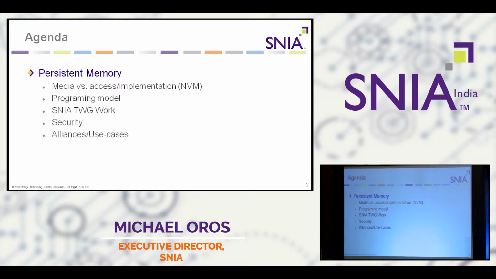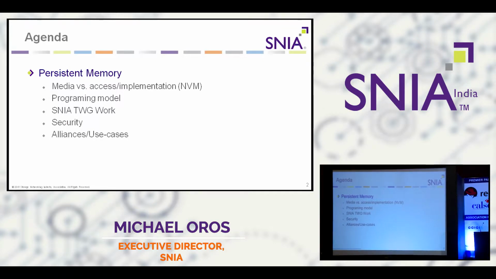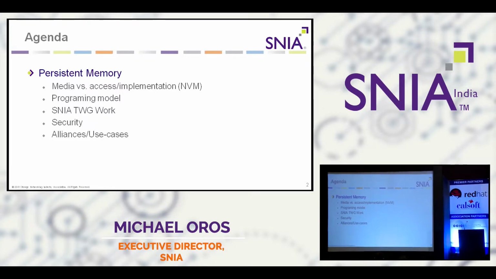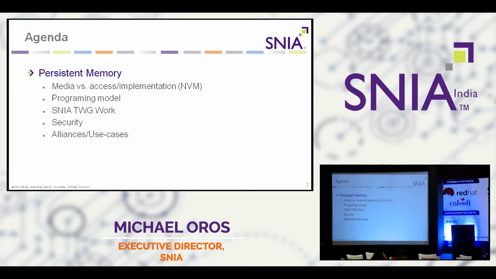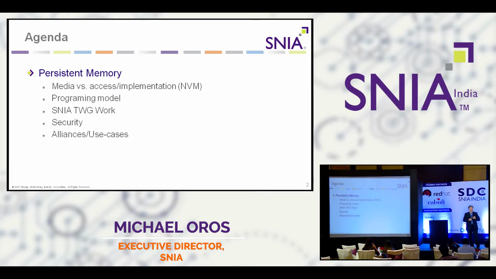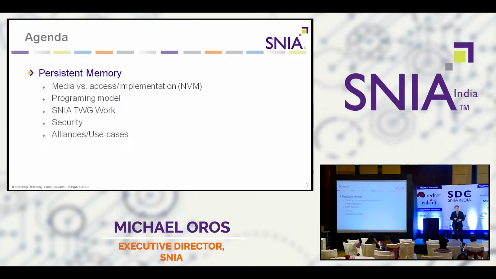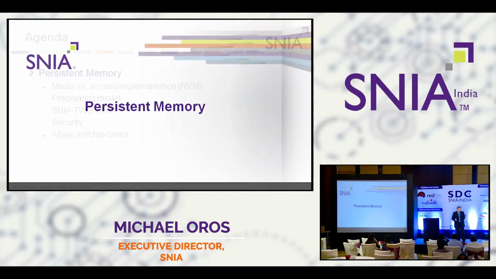The programming model that SNIA has worked out, and what the technical working group has on their agenda as continued work in this space. I'll touch a little on security for persistent memory, and give you an update on some alliances and use cases that we're working on as well. Sound like a good agenda? All right, let's see what we can make happen in 30 minutes.